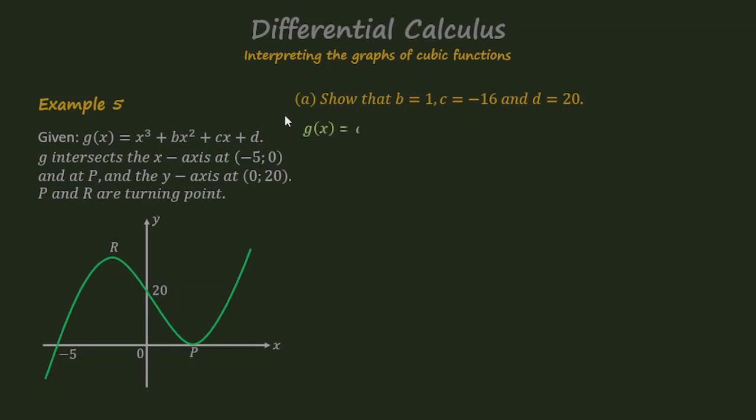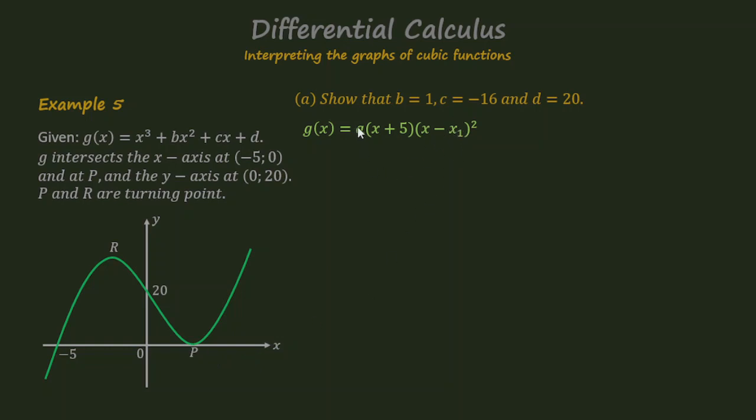We can show that by doing this. I have (x + 5) for this factor, and I will have (x minus some number that I don't know at P), but this will be repeated because P is the turning point and it is also the x-intercept.